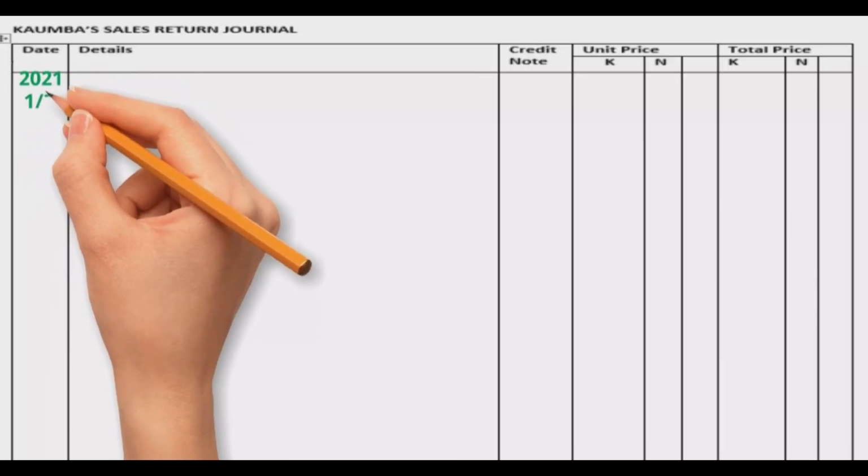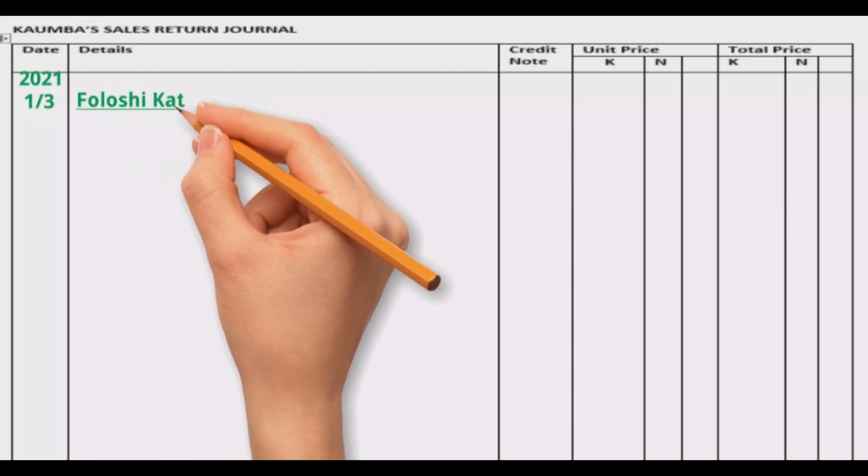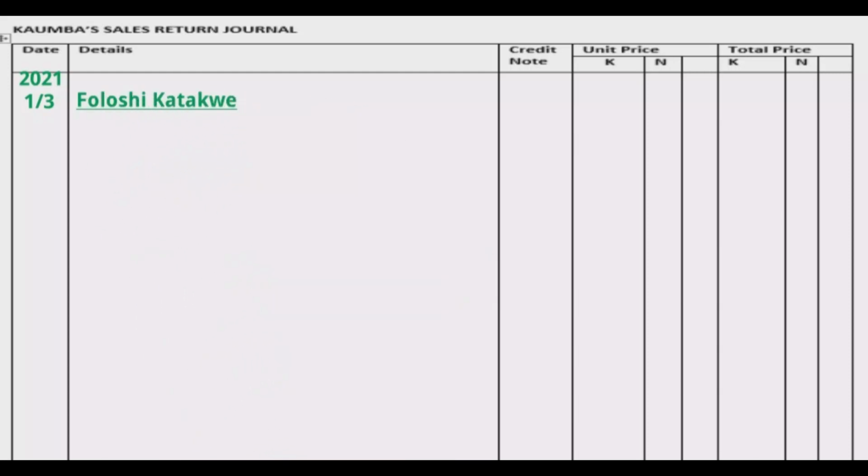As you can see on top there, it's recorded Kaumba's sales return journal. So I'm going to write 21 March. The first transaction is on 1st March. These transactions are from Forosh Katakwe, so I'm going to write that there.